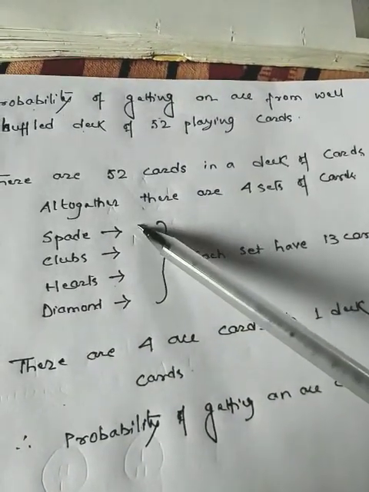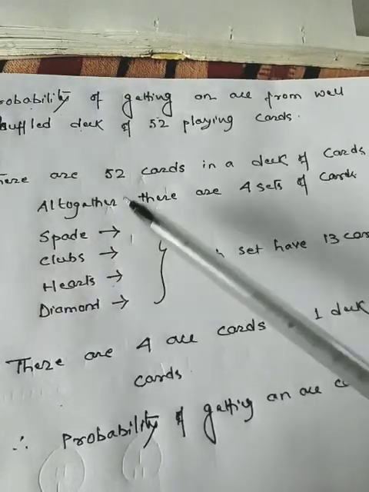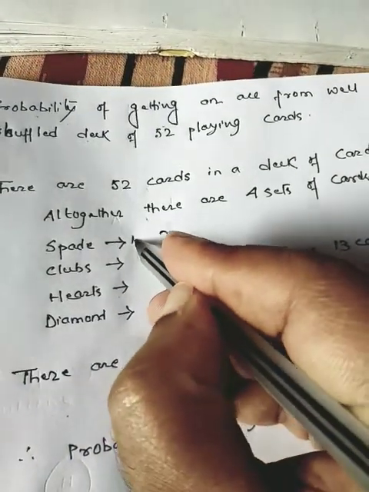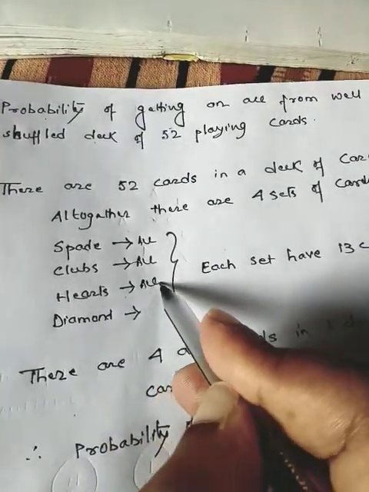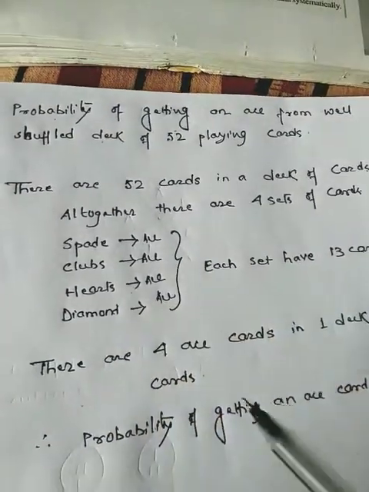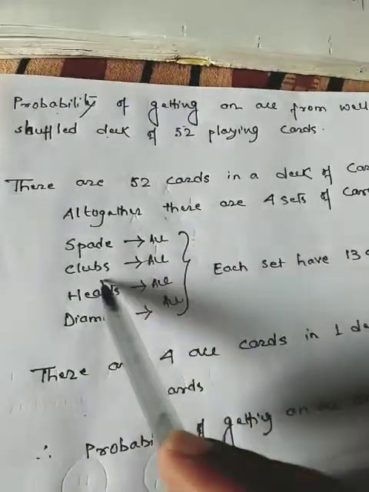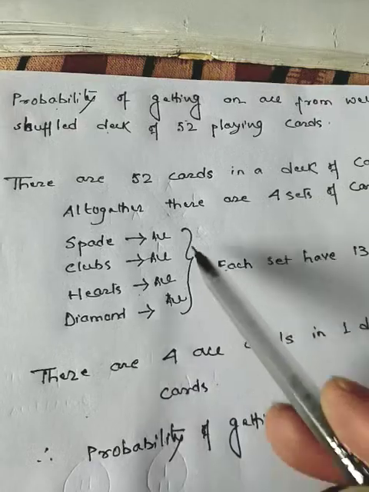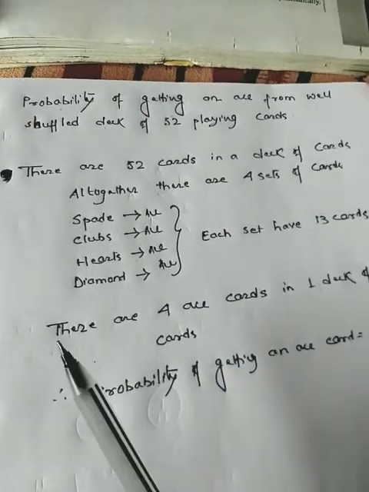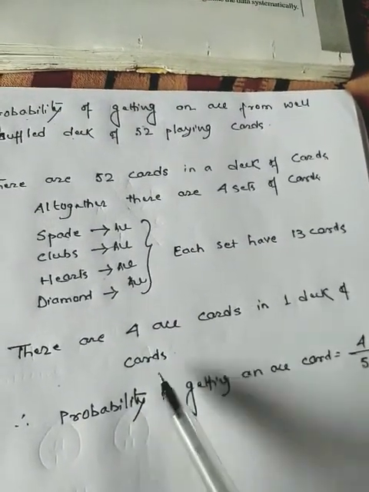Now each set carries only one ace. That is, spade will carry one ace, clubs will carry one ace, heart will carry one ace and diamond will carry another ace. So how many aces altogether in 52 cards? 4. So there are 4 ace cards in one deck of cards.